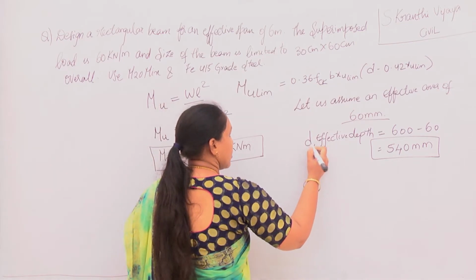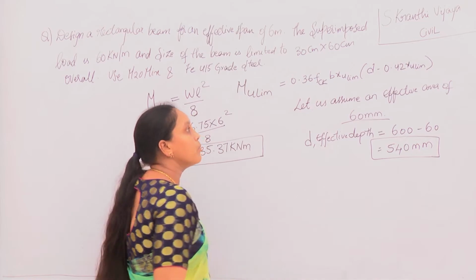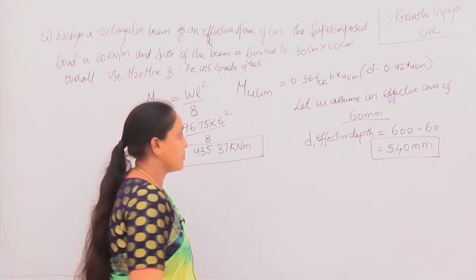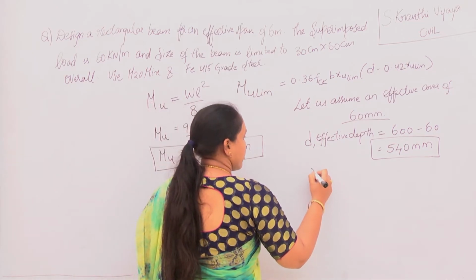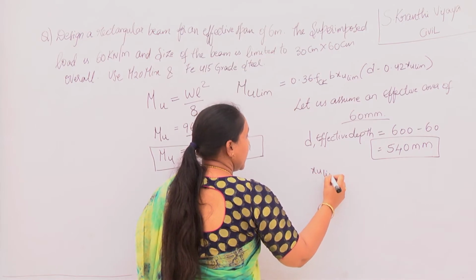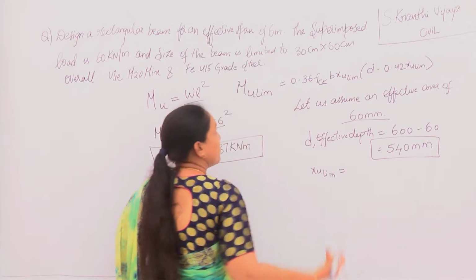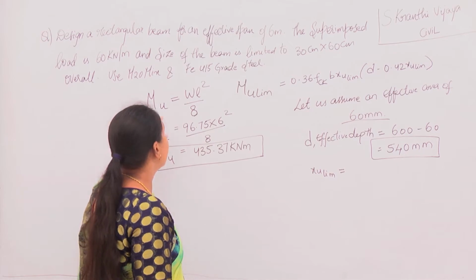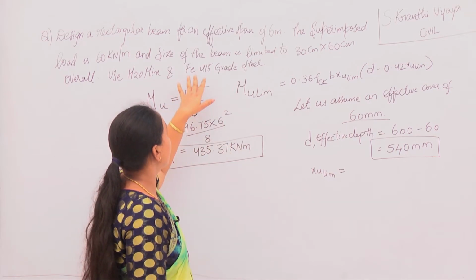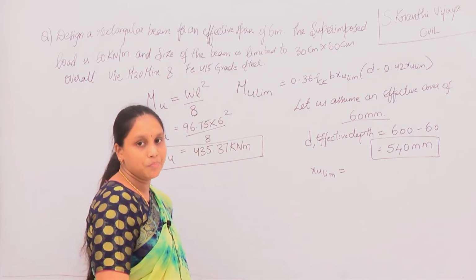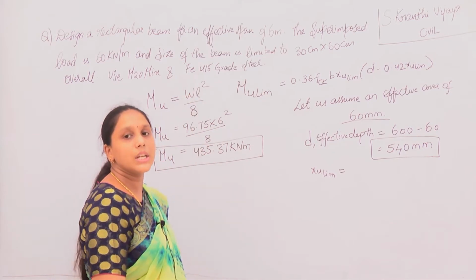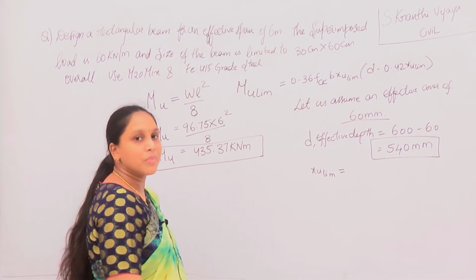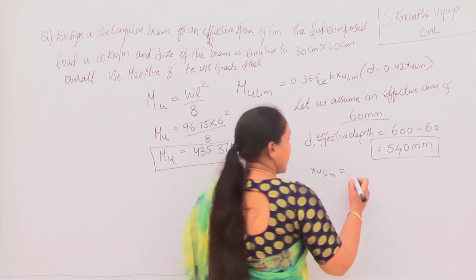Now what is the next unknown here? To find out the limiting moment, we have to find out the XU limit. How will you find out the XU limit? The XU limit will be based on the grade of the steel. The grade of the steel is Fe415. So what will be the XU limit value?